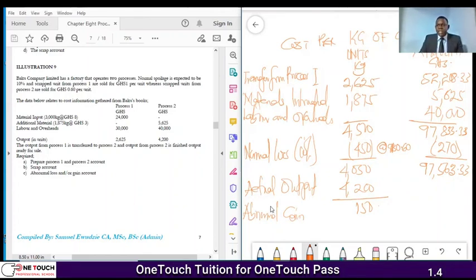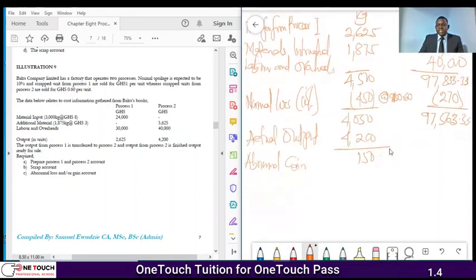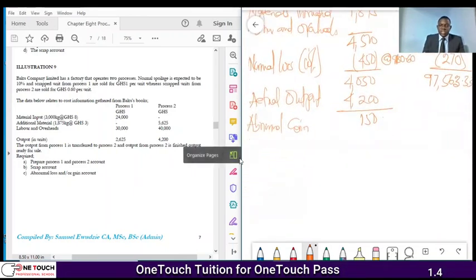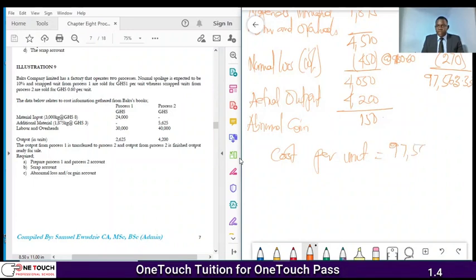Good. Now, at the end of the day, there is the need for us to determine our cost per unit. Here we have 97,563.33 divided by 4,050.